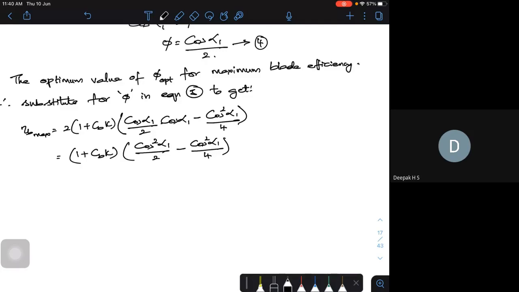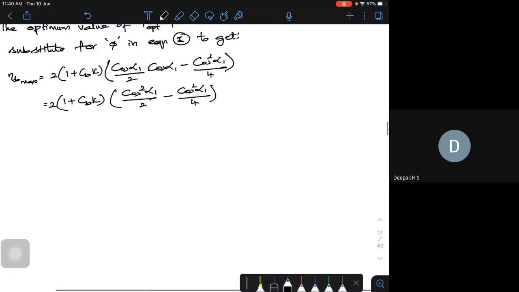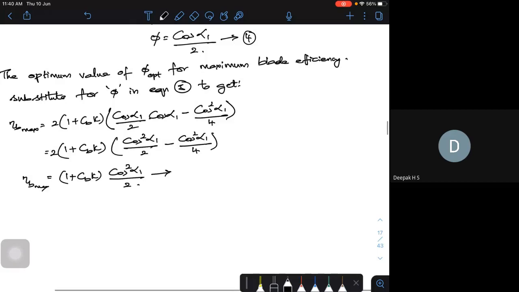Now if I simplify this, 2 gets cancelled out, and I am going to get 1 plus Cb into k into cos square alpha 1 by 2. So this is the expression for maximum efficiency using phi.